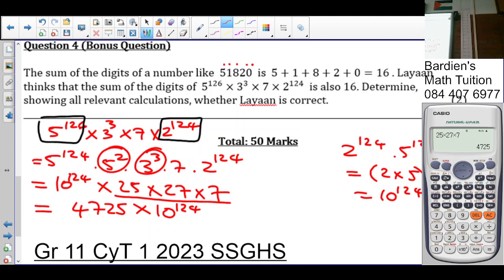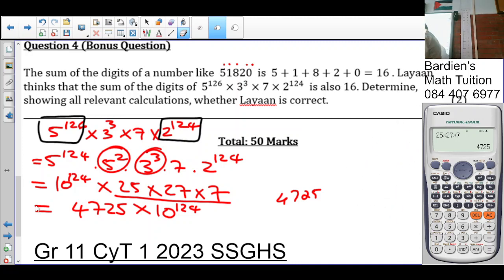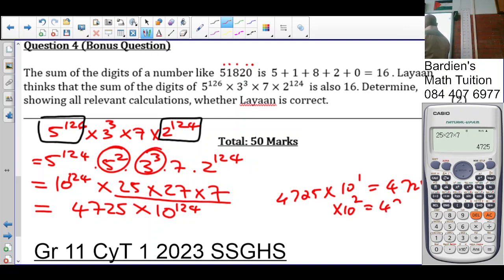Now, if it was 4,725 times 10 to the 1, then that would be 47,250. If it's times 10 to the 2, it's 4,725 double zero. Times 10 to the 5 is 4,725 with 5 zeros.